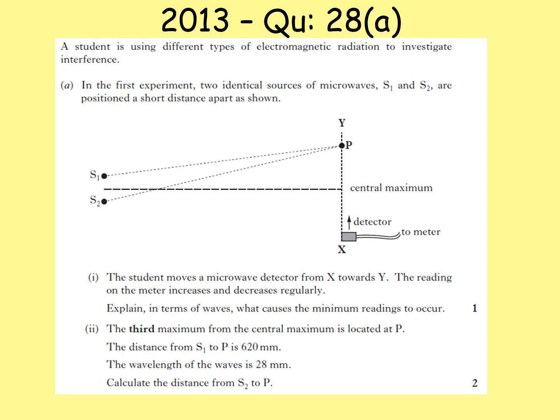Explain in terms of waves what causes the minimum readings to occur. We're then asked for the third maximum from the central maximum located at P. The distance from S1 to P is 620 millimeters. The wavelength of the waves is 28 millimeters, and we need to calculate the distance from S2 to P. So let's take these one part at a time.